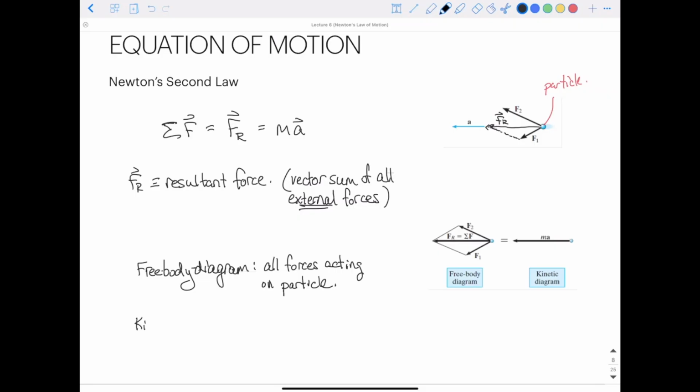So our kinetic diagram shows the inertial force, which is our mass times the acceleration of our body or our particle.